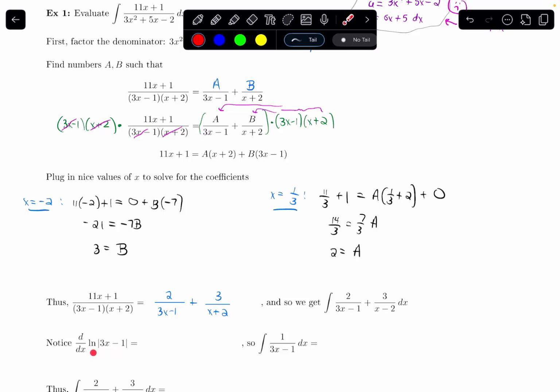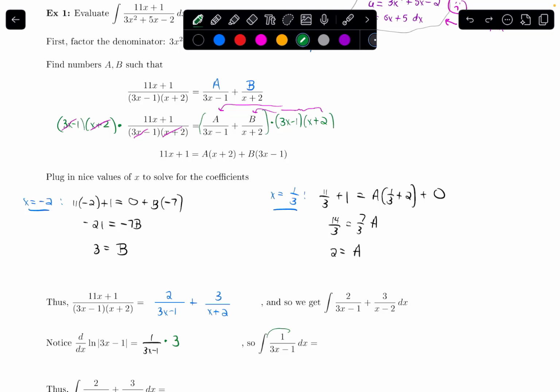Remember that if I do the derivative of this, I need the chain rule. And the derivative of ln of stuff is, I start off with 1 over the stuff. So 1 over 3x minus 1. But then I do chain rule, and I multiply by the derivative of the inside, which is 3. So multiply by 3. And if I look at this function that I have here, well, the only thing that's off is this extra 3 that pops out from doing the derivative.